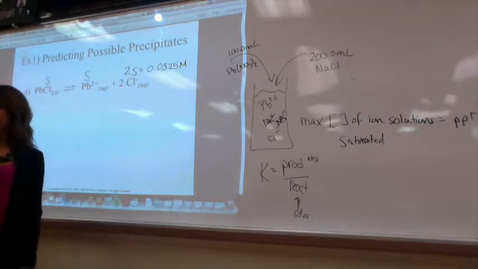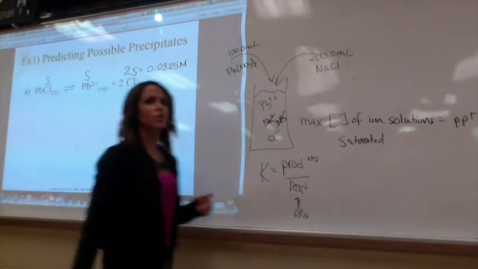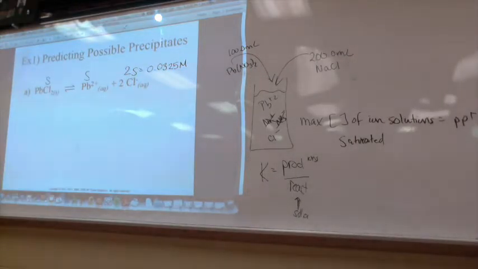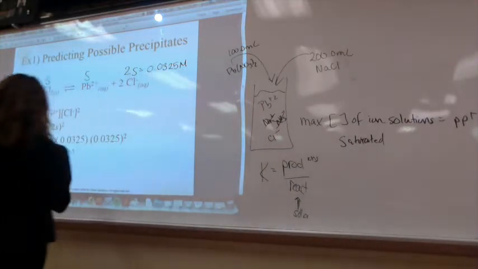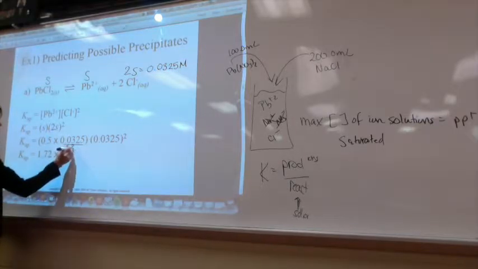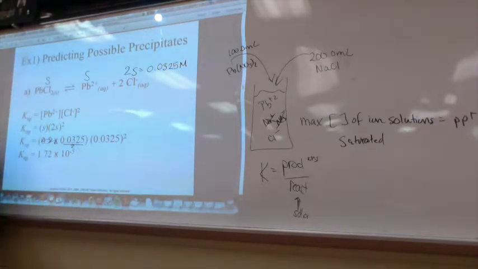Half that, right? So now you're going to plug that into your KSP expression, and you're going to square that chloride value. So they're writing 0.5, but we know we can just literally put this divided by 2 if we wanted to do that instead. Same thing.